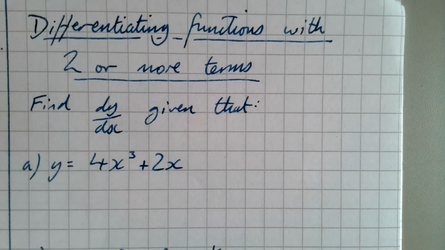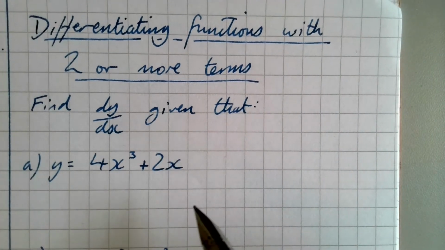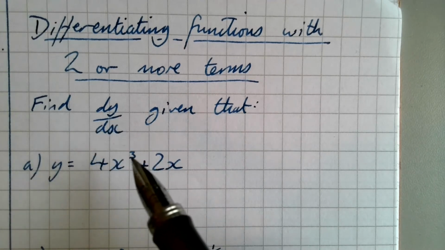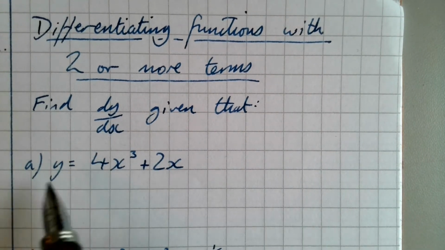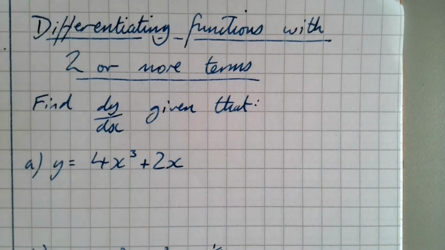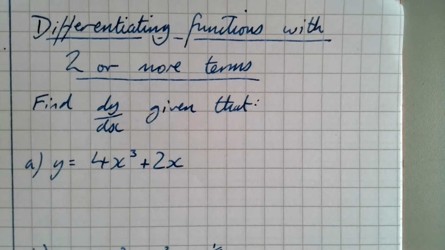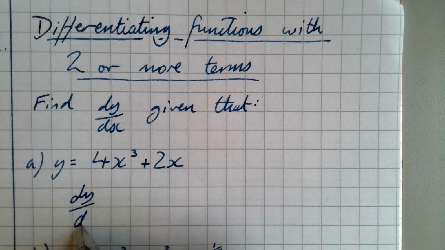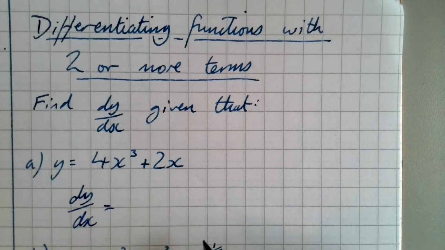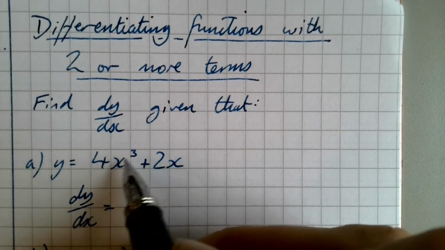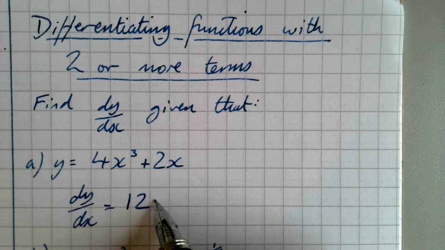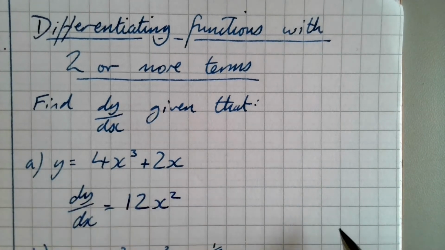Right, so we're differentiating functions with 2 or more terms. So the question might come in the form, find dy dx given that y is equal to 4x cubed plus 2x, and we just need to remember the same rules as we were doing yesterday. So dy over dx is going to equal, we multiply by the power, 3 times 4 gives us 12, drop the power by 1, so it's x squared.